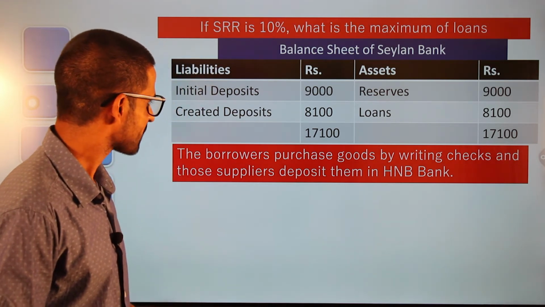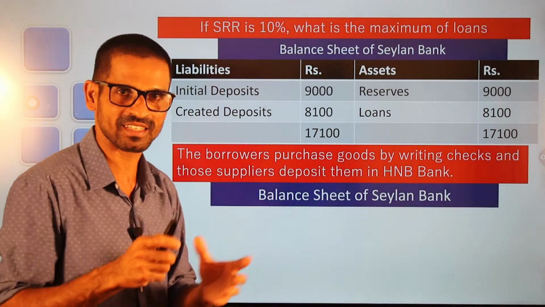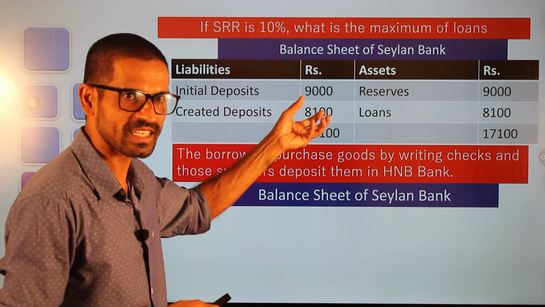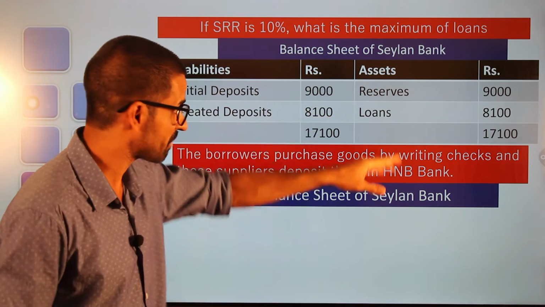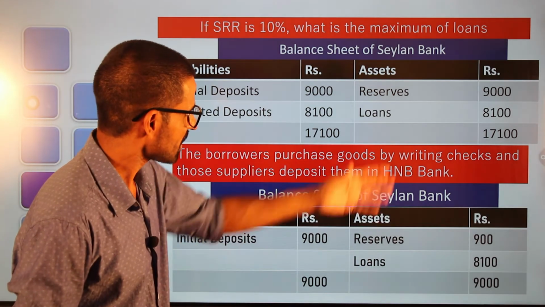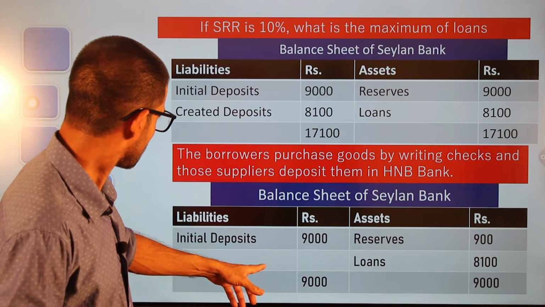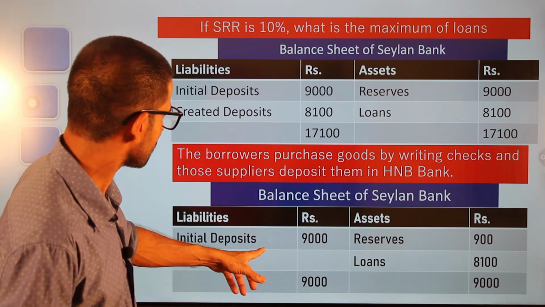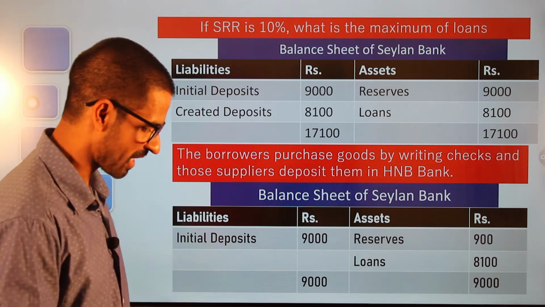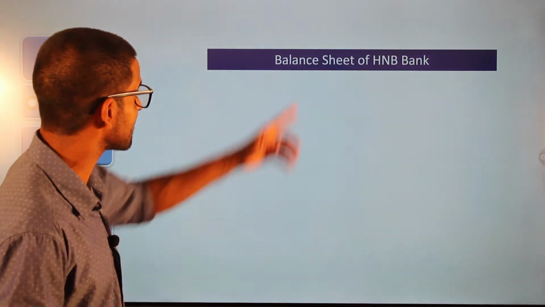Then what will happen? Whenever these borrowers write these checks, this deposit will decrease, right? And when the suppliers deposit them in HNB, HNB deposits will increase. This is the balance sheet of Ceylon Bank now. We have to observe the balance sheet of HNB.